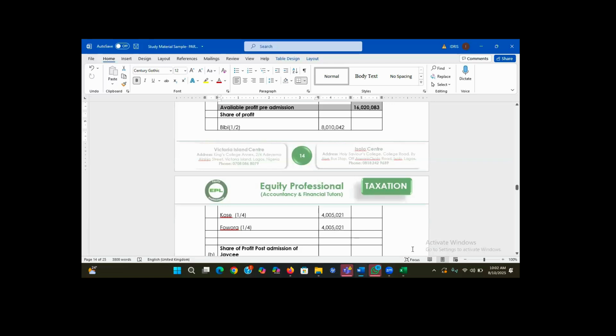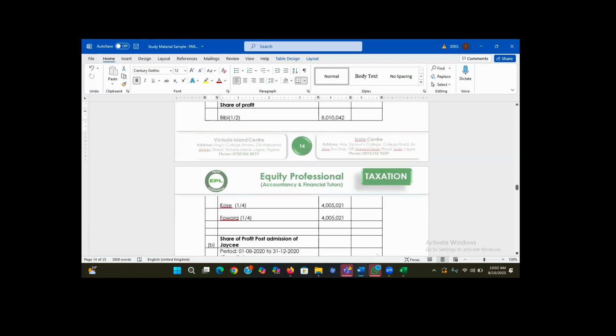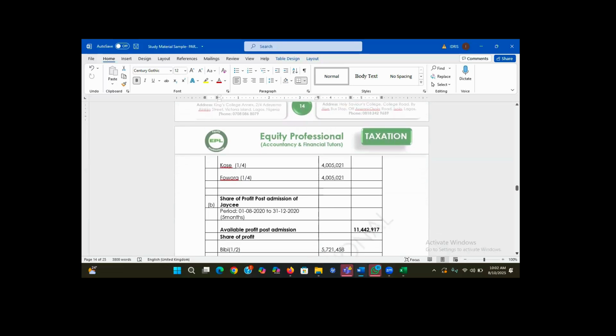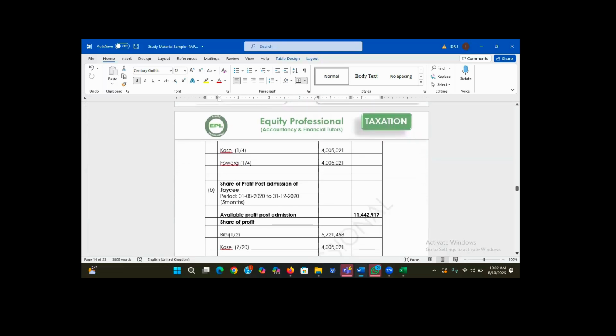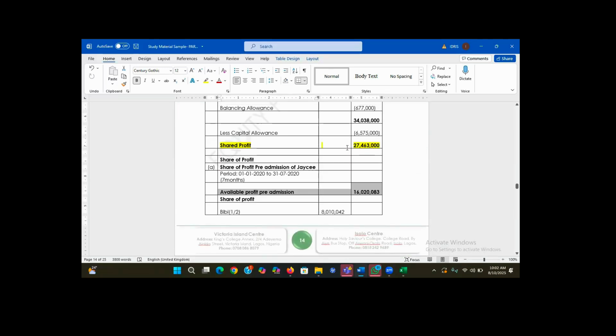Another thing, share of profit post admission of JC. After they admit JC, how many months? 5 months. 5/12 times the whole profit. How much is the whole profit that wants to be shared? 27,463,000.